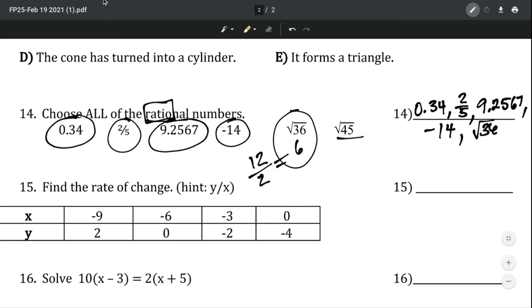Let's look. Wrong question. So here you're going to choose all the rationals. So you're going to select all of them except for the square root of 45. Okay. Whoops. Now I'm totally lost. Let's go back here. Okay.